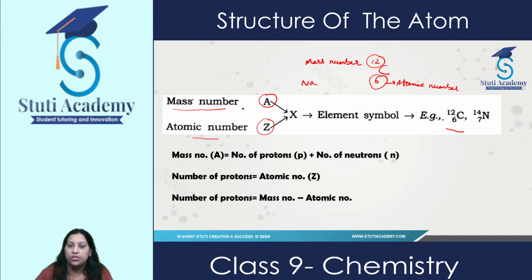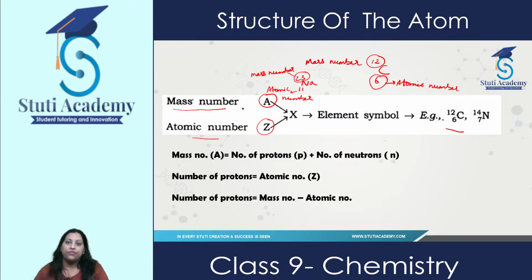For example, in sodium, you can write like this. So this is the mass number. This is the atomic number. Fine. Now, this is how we can represent mass number and atomic number in an element.